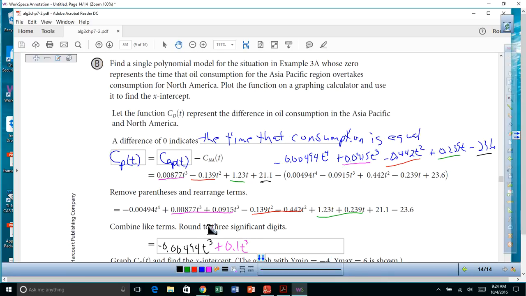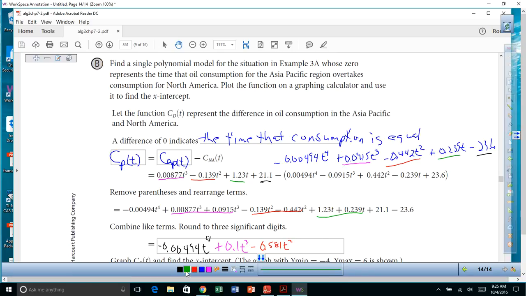That was the first term, t to the fourth. And then we're going to put those together, and it's going to give you negative 0.581 t squared.